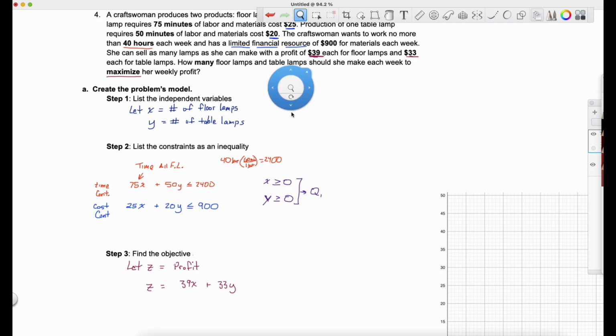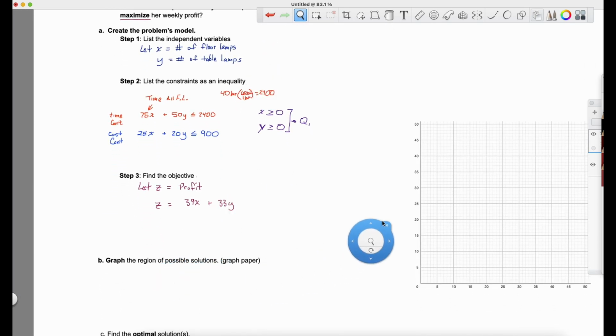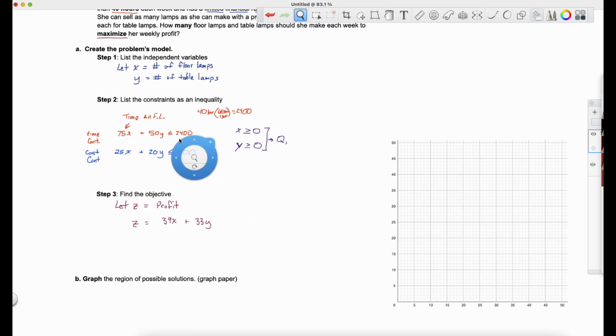That's done. So the next step is to graph the region of possible solutions. We have to graph all of our constraints here. There are 4 of them. We have a time constraint, we have a cost constraint, and then we have our minimums here for our floor and table lamps. So we need to do a little bit of work here.